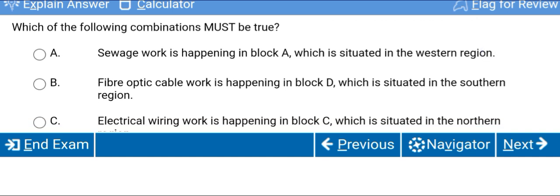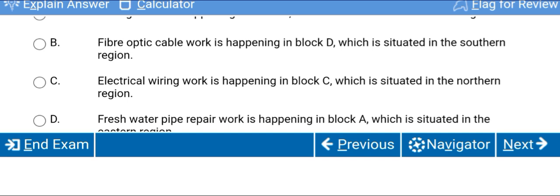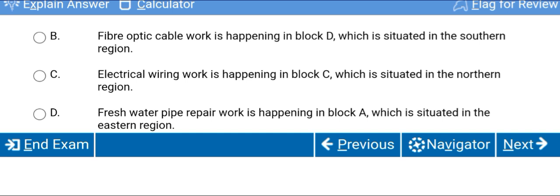Option B, fiber optic cable work is happening in Block D, which is situated in the southern region. Option C, electrical wiring work is happening in Block C, which is situated in the northern region. And option D, fresh water pipe repair work is happening in Block A, which is situated in the eastern region.